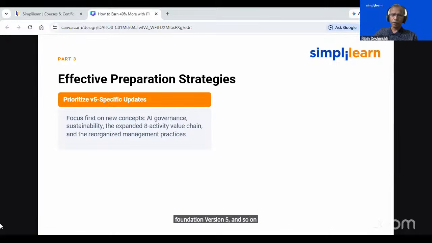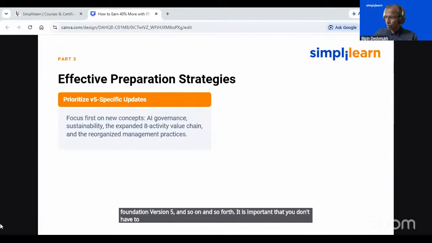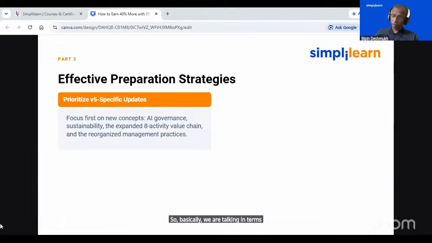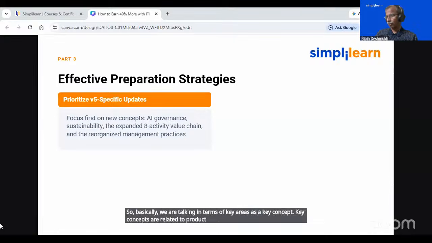We are talking in terms of key areas as key concepts. Key concepts are related to product, services, digital product, digital services, service relationships. All these are very critical. Then we have the 4 dimensions of service management, which are very critical.